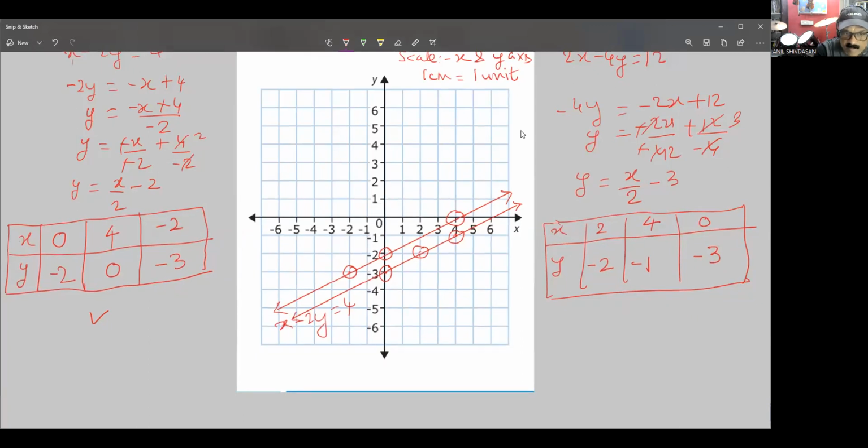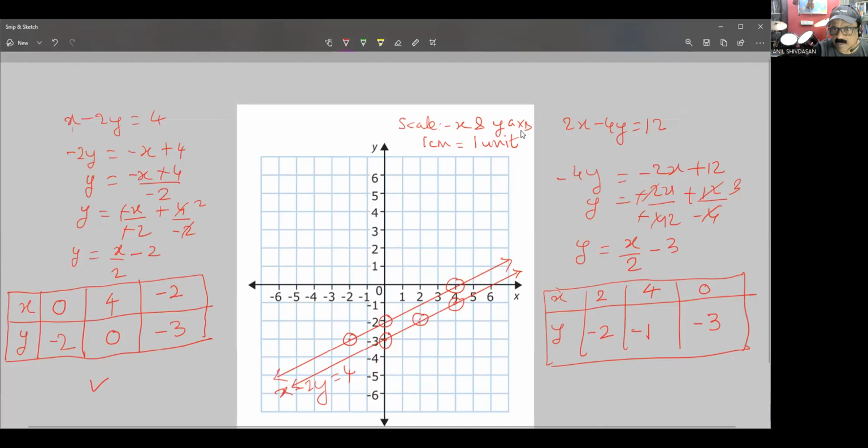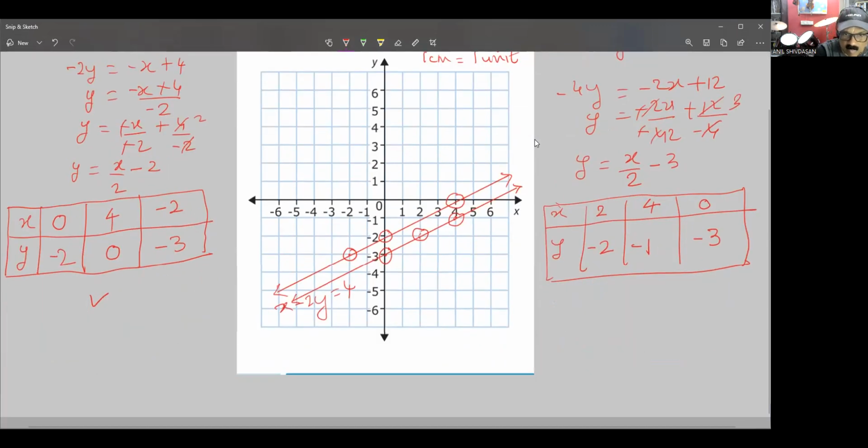This line that you have drawn just now is 2x minus 4y equal to 12. Just now we have drawn the 3 points. So are they intersecting? No, they are not intersecting.